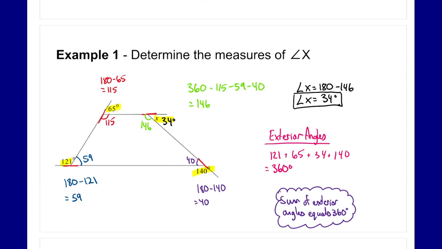So any sided figure, the sum of exterior angles is always going to add up to 360 degrees. Even if it's a 10-sided figure or a 15-sided figure or a 20-sided figure, the exterior angles are always going to add up to 360 degrees. So we could have just looked at all the exterior angles and then 360 minus 121 minus 65 minus 140 and got our answer as well. But again, if we don't remember that property, there are multiple ways that we can sometimes get to our answer.